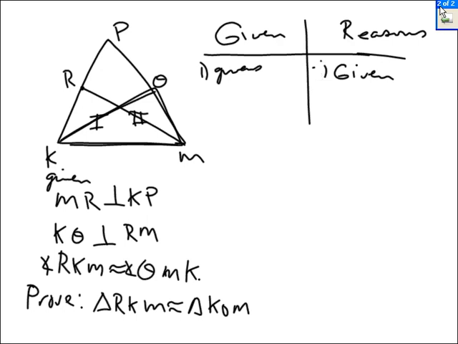You can't argue with the information given unless it's contradictory. In other words, if I say that KO and KM are perpendicular, which means they're right angles, and then the next given is this angle right here is 78 degrees, that would be a problem.